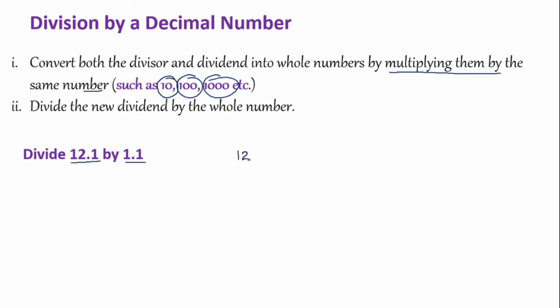So multiply 12.1 by 10 and 1.1 by 10, and you will get 121 and 11. Now simply divide the new dividend by the whole number. 121 divided by 11, and your answer is 11.